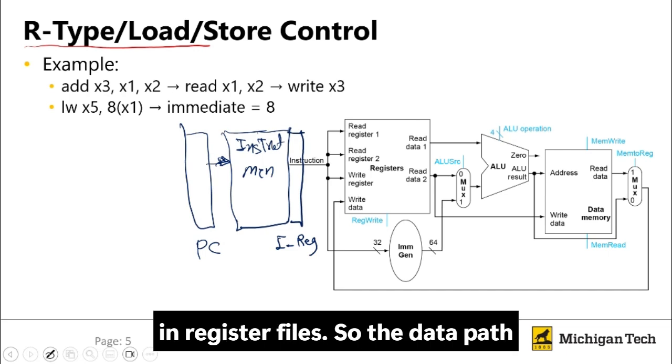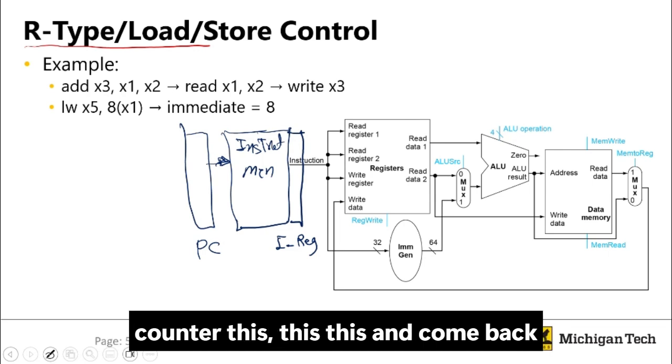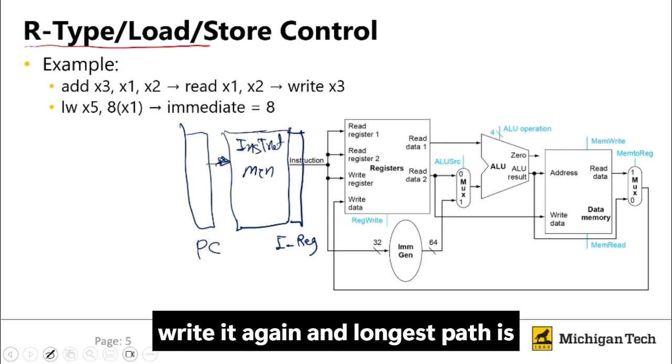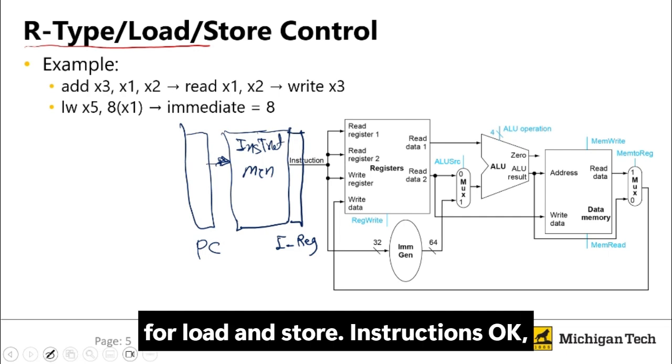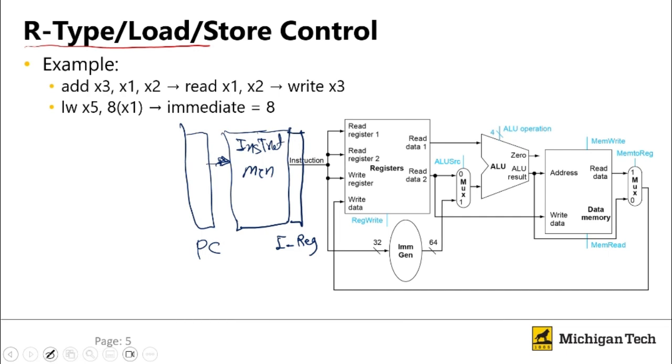So the longest data path starts from the program counter and comes back to write again. The longest path is for load and store instructions. Okay, so in this example, we want to see what the control signals are for R-type and load and store. Let's go for R-type.